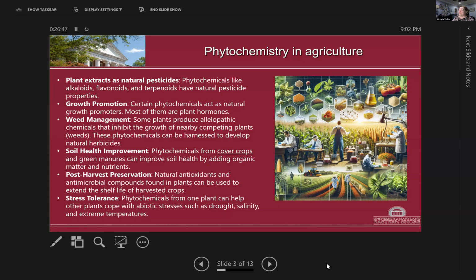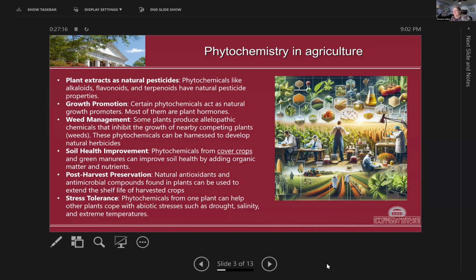And as a part of their metabolic activities, they produce metabolites, meaning chemical compounds, that help improve soil quality and soil health and provide some needed organic nutrients to the soil.